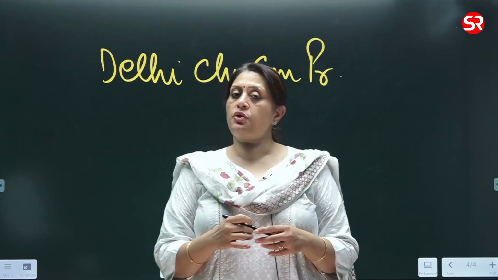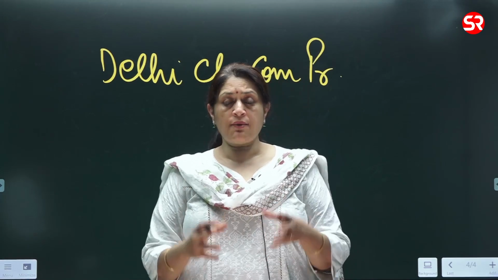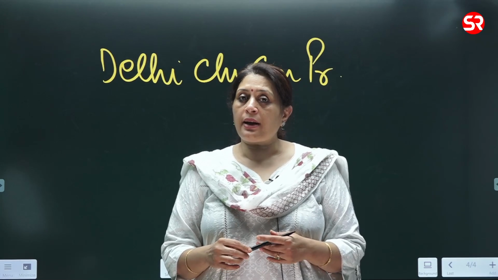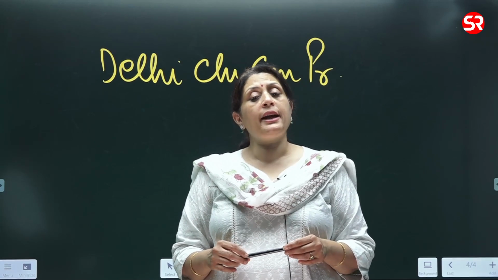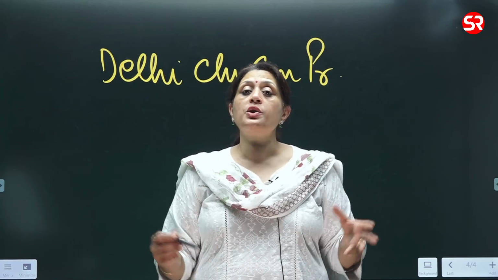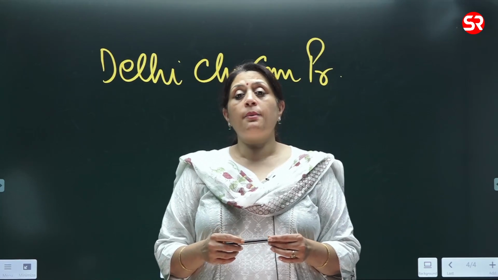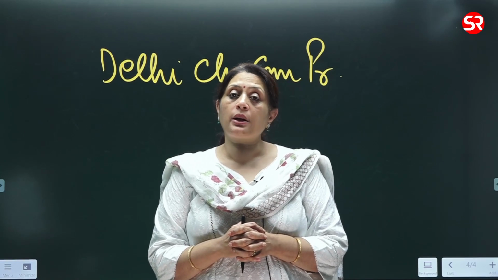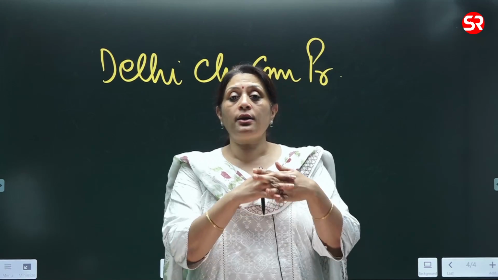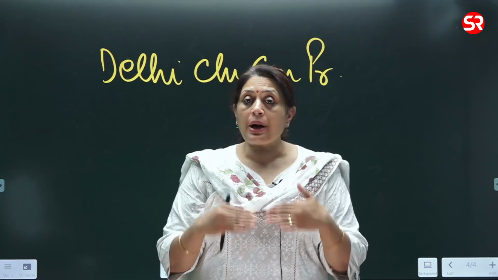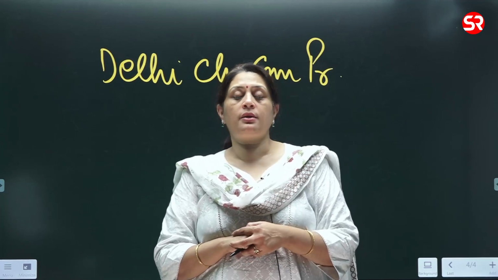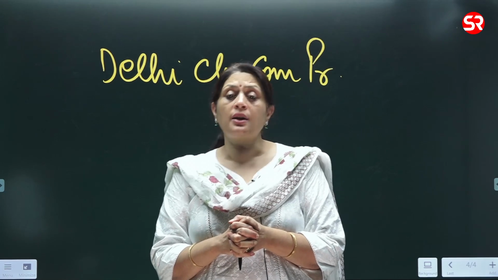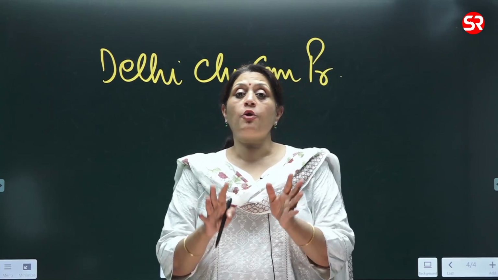Then at the time of the Constituent Assembly, the Pattabhi Sitaramayya committee was set up to ponder over the type of governance system Delhi should have. Realizing that Delhi also forms the national capital and belongs to the entire India and not just the people of Delhi, the committee acknowledged that Delhi cannot be given full statehood, but they certainly favored that the people of Delhi should not be deprived of democratic and representative government.